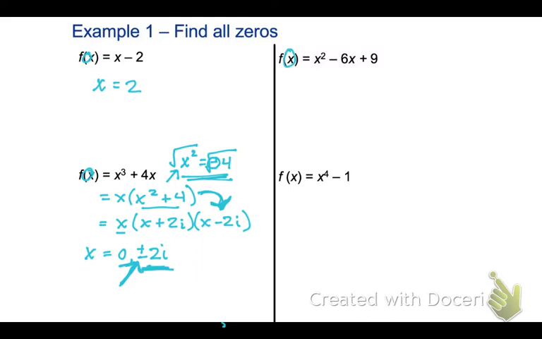So factors of 9 that add to 6 are negative 3, negative 3, so it's x minus 3, but it's x minus 3 squared, yes? So x equals 3, but with a multiplicity of what? 2. And so what does that mean? Do I go through the door or bounce off of it? Bounce, because it's even.